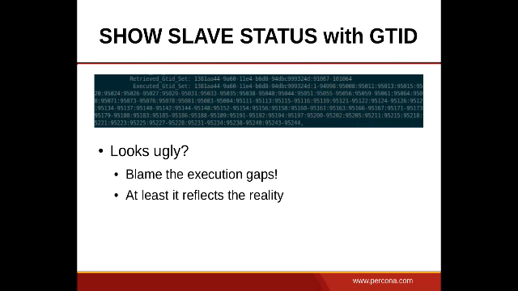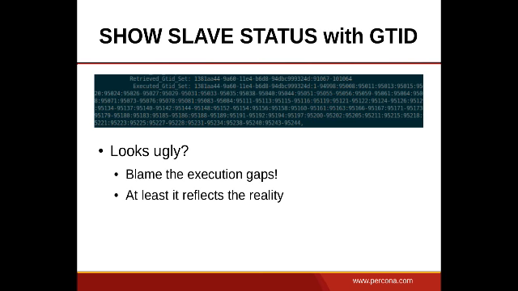Of course, if you try to use multi-threaded replication with GTIDs and run show slave status, you may have some surprise, like this very ugly executed GTID set field with lots of information that is not understandable at first sight. So what does that mean?